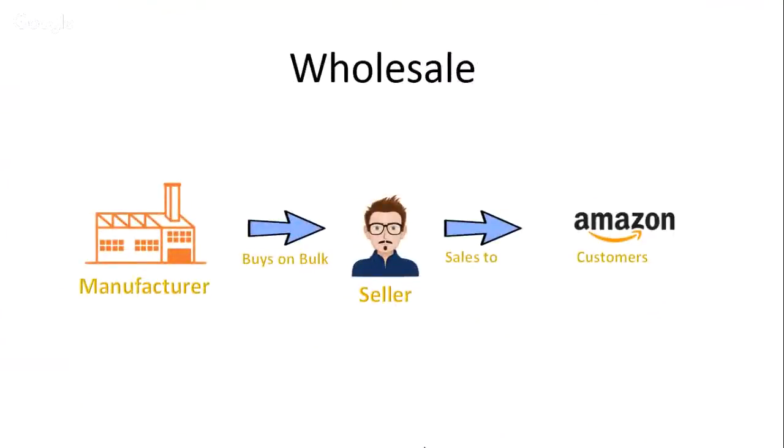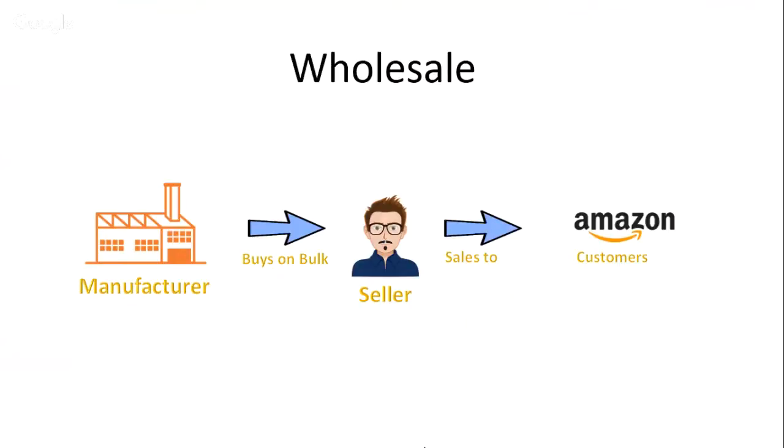In the wholesale model, what is that? Wholesale model is nothing but you find a manufacturer, and you are the seller. The seller finds a manufacturer who is selling goods offline on the retail market anywhere.